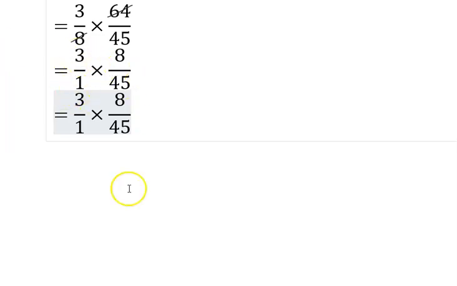So if we bring out our 3, 3 can cut itself to 1, and 3 can go in 45 15 times. Awesome. So that means we are left with 1 here, and 15 here. So there's no number that can cut again. So we are left with this.